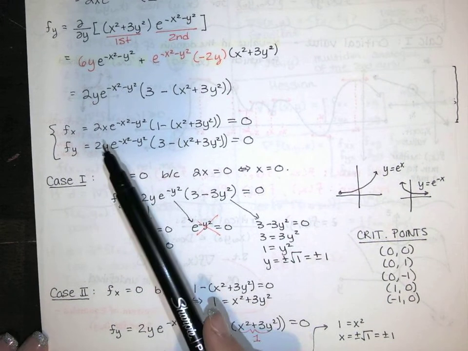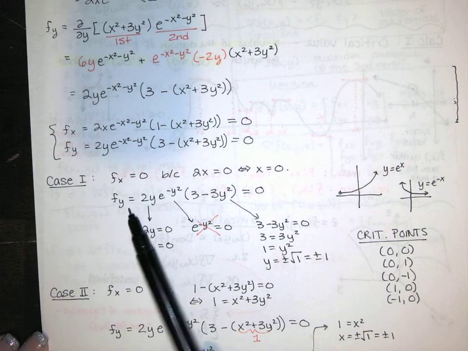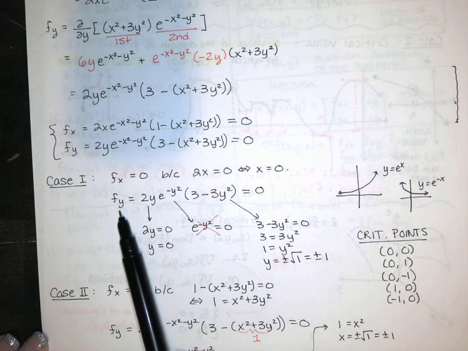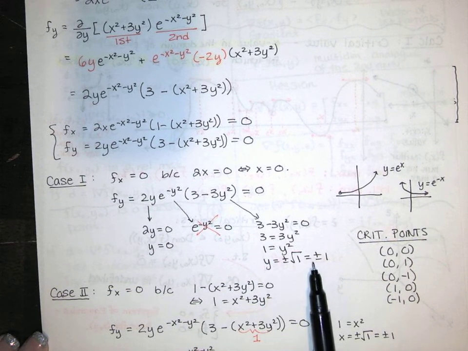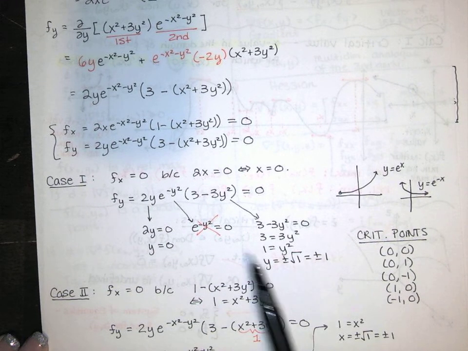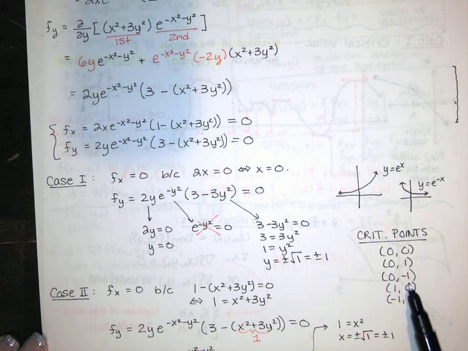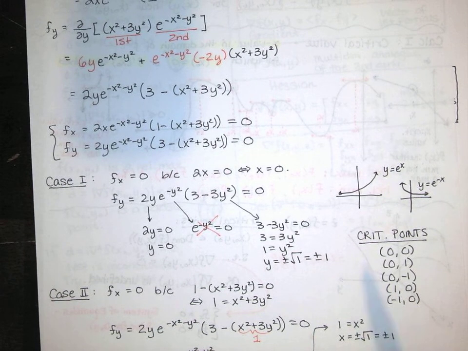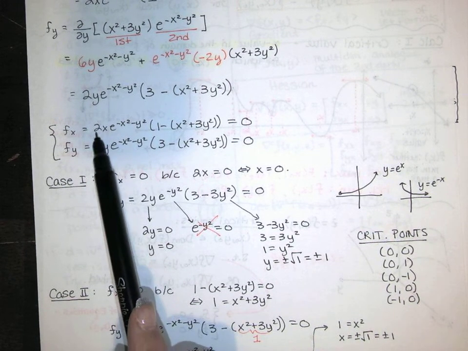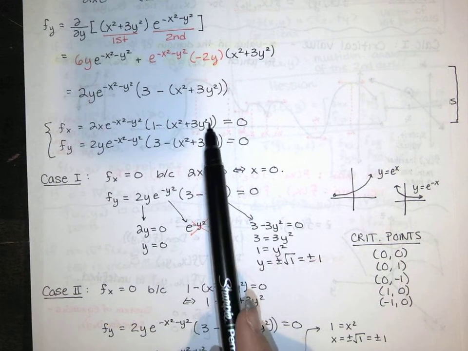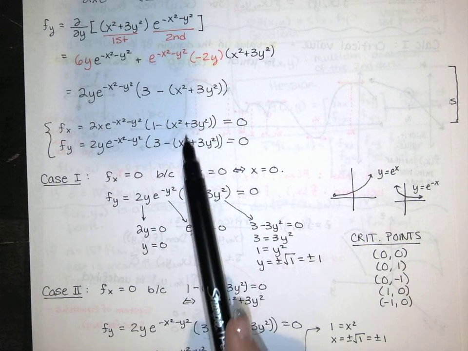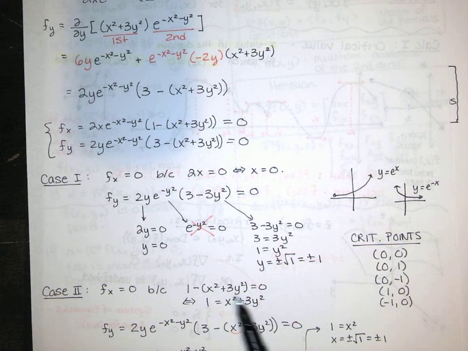The partial of f with respect to x is 0 if 2x equals 0, which means x equals 0. And then if x is 0, that meant that y would have to be plus or minus 1, or y would have to be 0. So that gave us those first 3 critical values. And then we also said, hey, this could also be 0 if this is 0. So we're on this ellipse, x squared plus 3y squared equals 1.